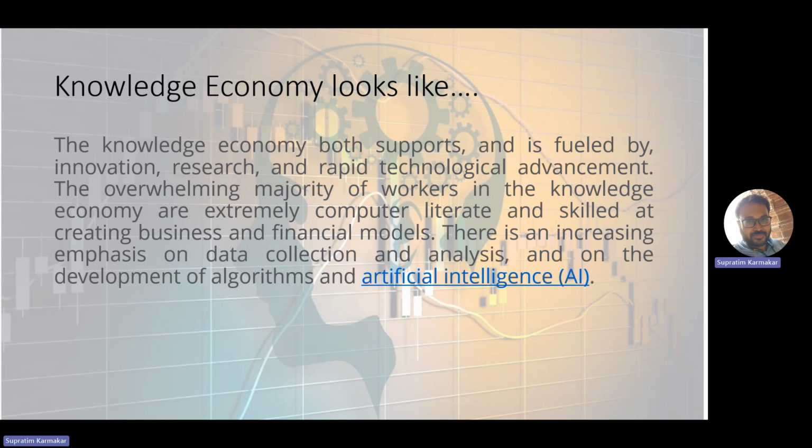Artificial intelligence means the intelligence is not only confined to the human mind. That intelligence can make machines like human beings. It is a science of making machines that can think like humans.